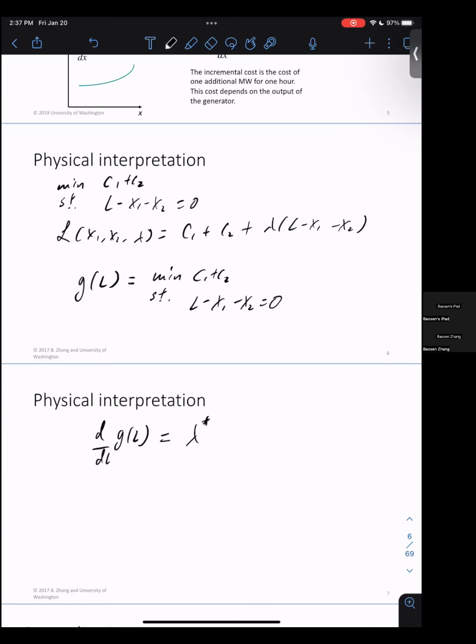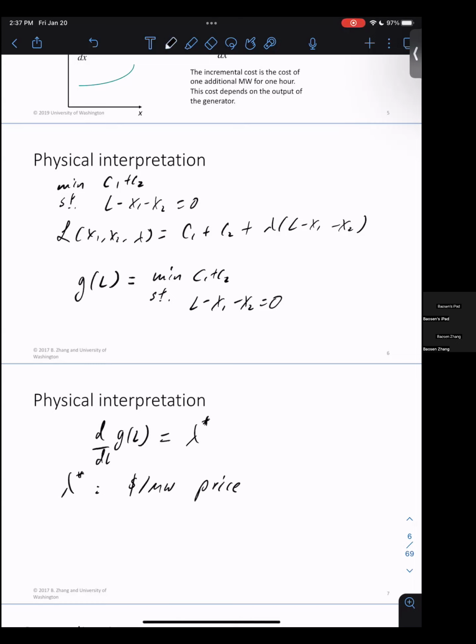If you have multiple constraints, you can think of each of the multipliers as a partial derivative of this function. It tells you if the function parameter changes, how does the problem change? This makes sense because lambda star is in dollars per megawatt. This is the price of electricity.